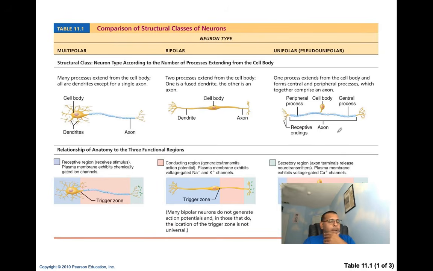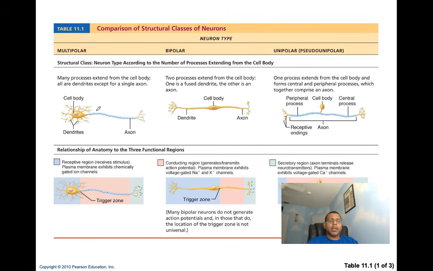All right, next then let's talk about classification of neurons. Now we can classify our neurons by structure or by function. Here we can see they are classified by structure. We structurally classify our neurons as multipolar neurons, which is a typical neuron that we've been talking about. Multipolar because you can see multiple dendrites, multiple processes basically, and one axon.